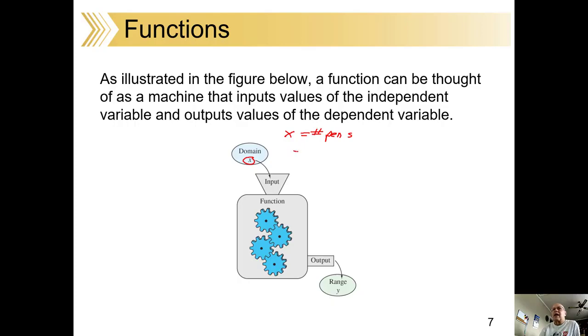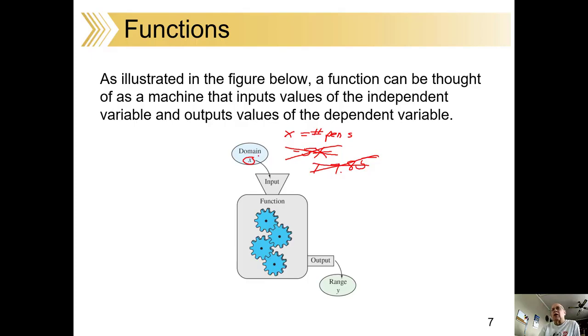So -5, no. Also, 17.85 pens, can't do that either. So in this case, the domain, if we're using pens as an example, would include all the non-negative integers.